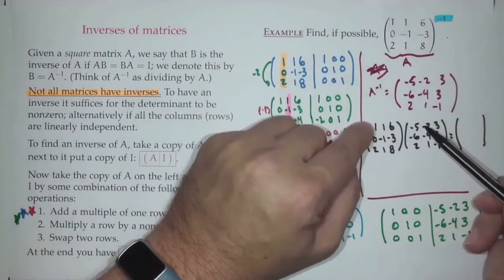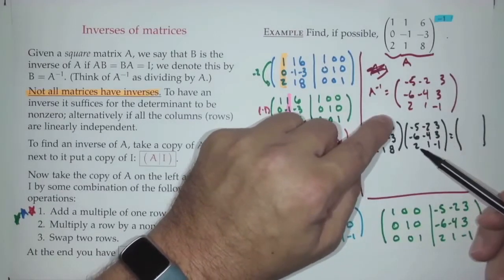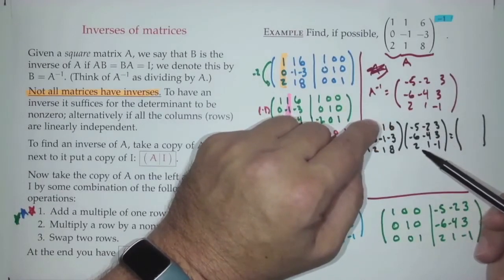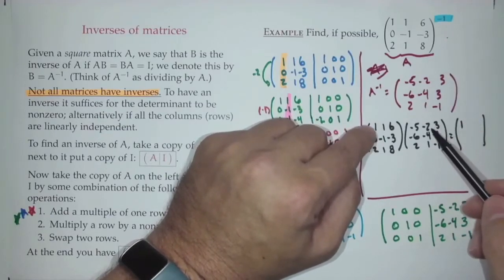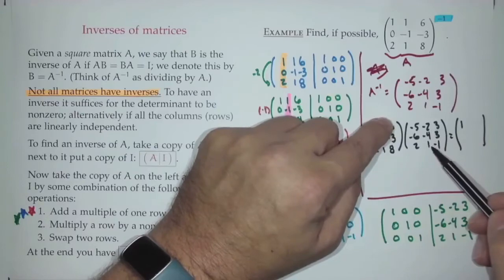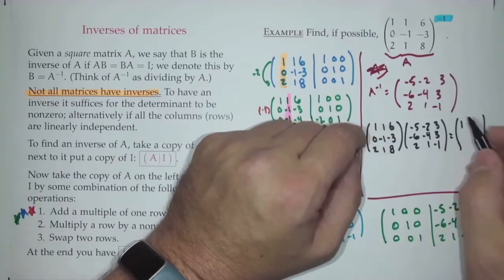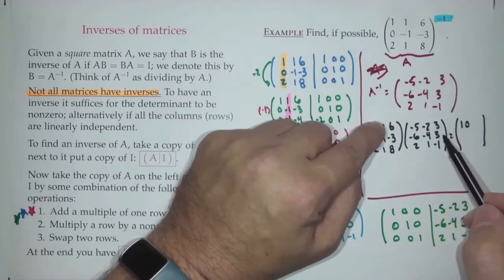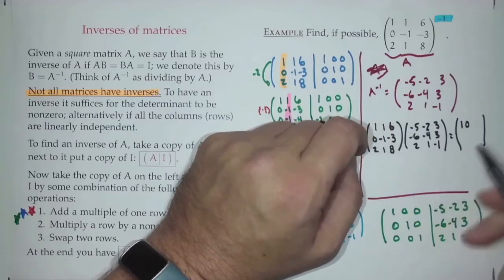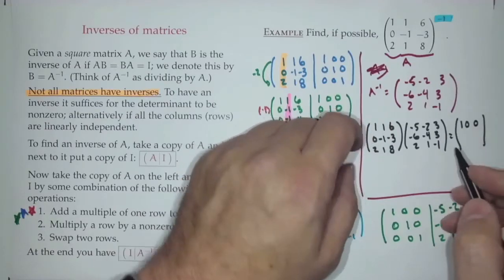We'll go through this quickly. Minus 5 minus 6 plus 12. 1. Minus 2 minus 4 plus 6. 0. Looking promising. 3 plus 3 minus 6. 0. Nice.